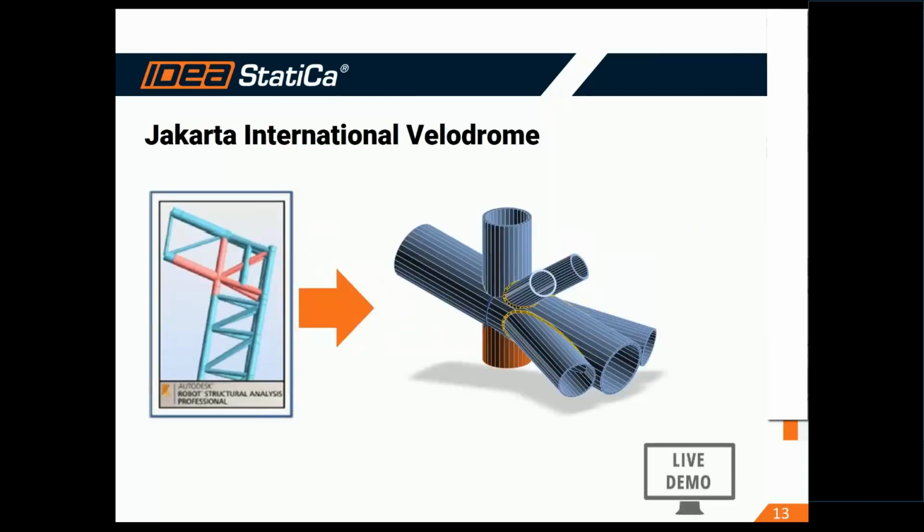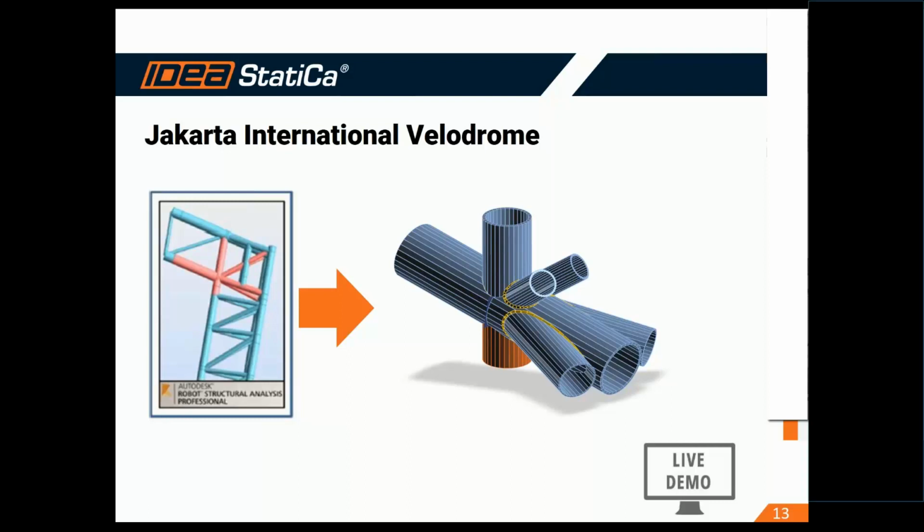So in this example that we're going to show today, we're talking about this connection between the main column and the main beam. It's a multi-planar hollow section joint that consists of 8 CHS members, which are all welded together.